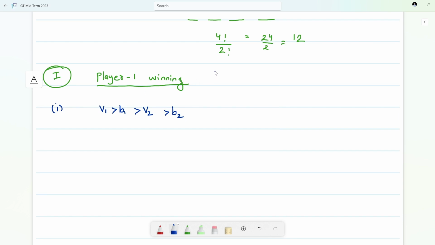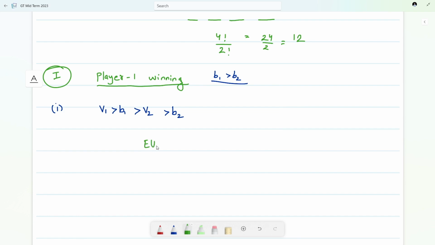Because player 1 is winning, it will always be B1 greater than B2, then only player 1 will win the game. And it is already given V1 is greater than V2.